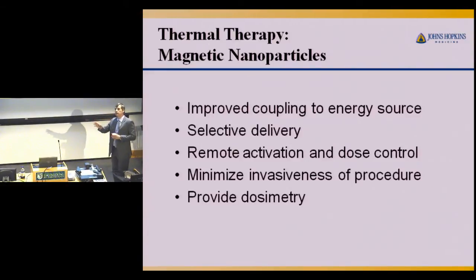And that's actually a unique feature. And because these particles are imaging contrast agents, I won't get into that too much, but we do have the potential to do some sort of dosimetry or dose calculation following some imaging, and by tuning the power, and you'll see some of these curves in a few minutes, the clinician can potentially control the dose rate or the total dose that's delivered.